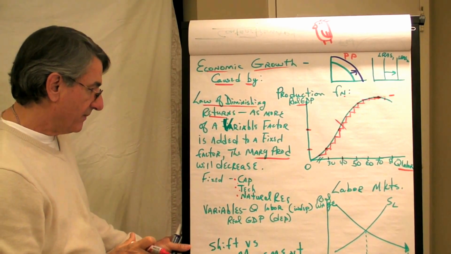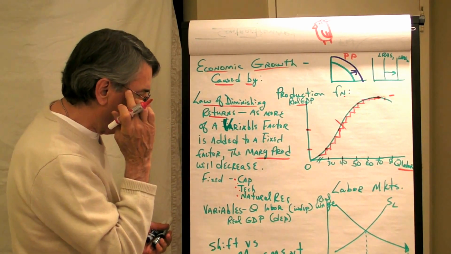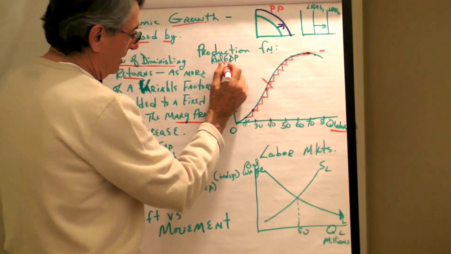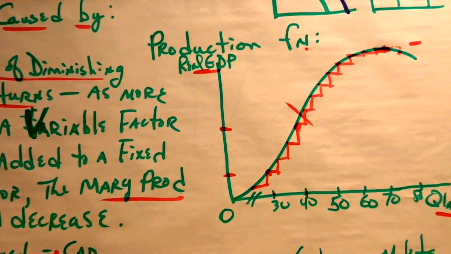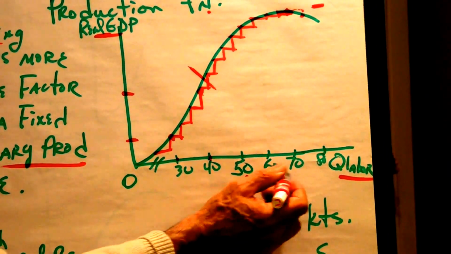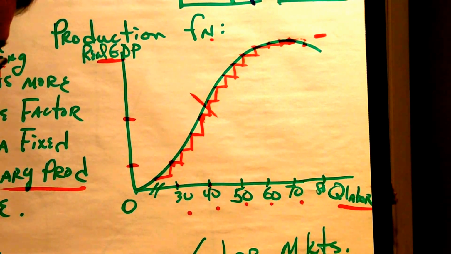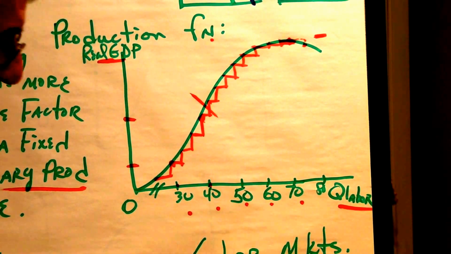So how do we know what the actual level of output, real GDP in this case, is? The answer is it depends on how much labor you put in. How much labor do you put into an economy? You're told this by the labor market.